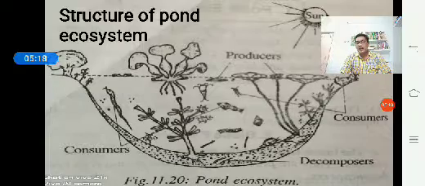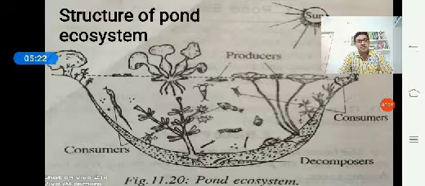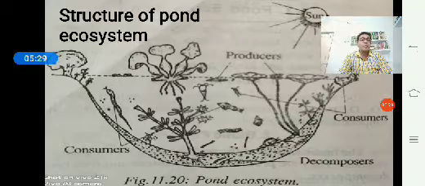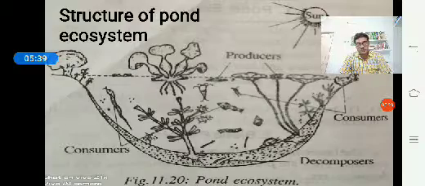These are the abiotic factors. Biotic components or biotic factors are all the living organisms: plants, animals and decomposers like microorganisms.